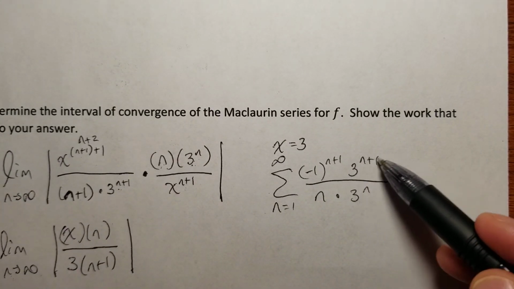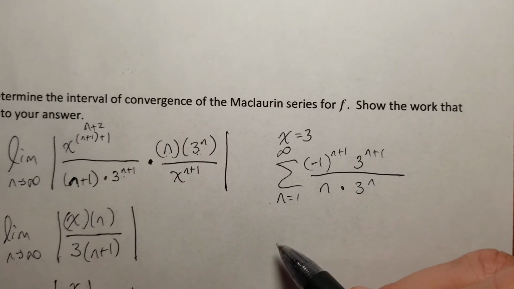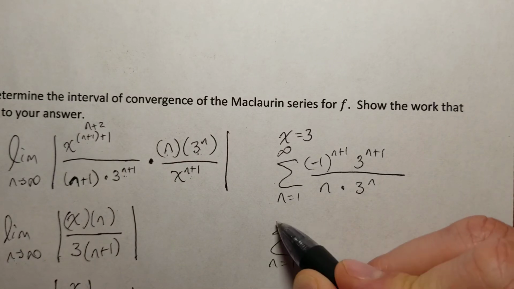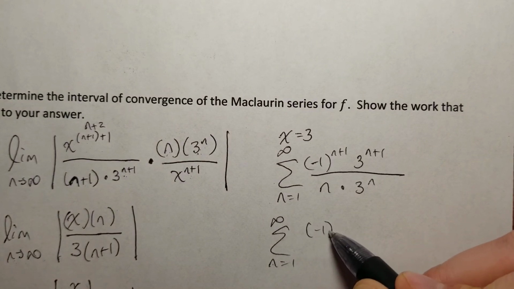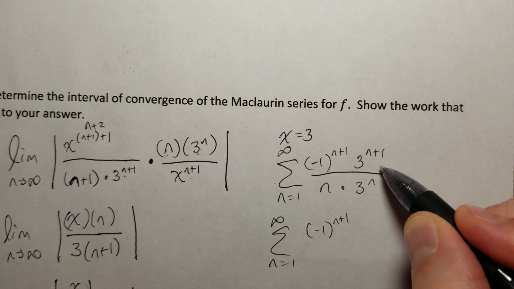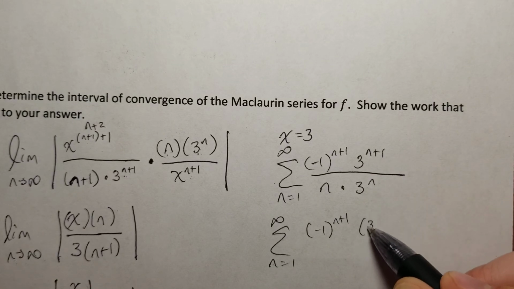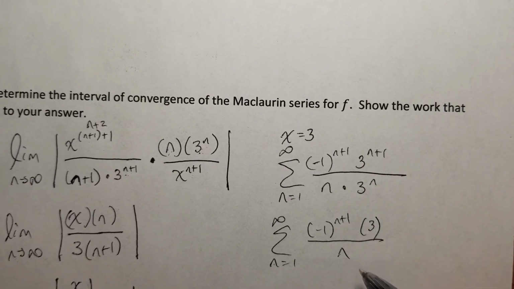Again, I see a little bit of simplification here, so I'm going to pretty this up a little bit. -1 to the n plus 1. I think I'm left with a factor of 3 in the numerator over n.